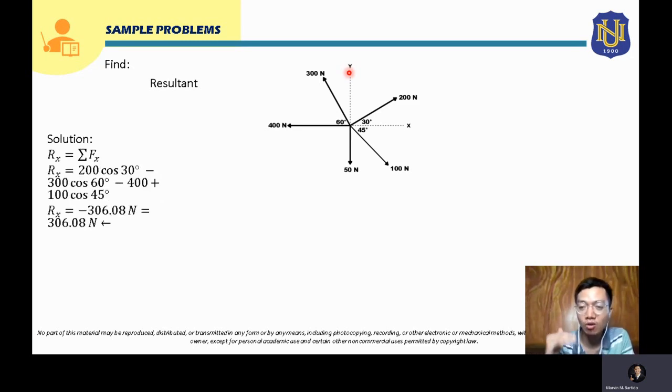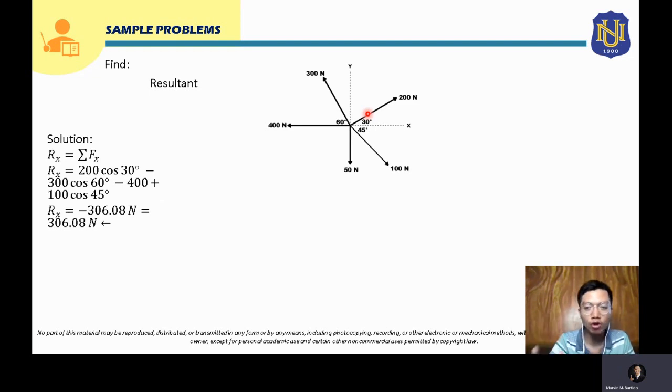Again, Rx is the horizontal component of the resultant. So to solve for Rx, that is just equal to summation Fx, wherein summation Fx is the summation of all the horizontal components of the forces in the system. So, in short, we need to solve for the horizontal components of every force in this force system, and we're going to consider the sign conventions that we have talked about in the introduction of this topic.